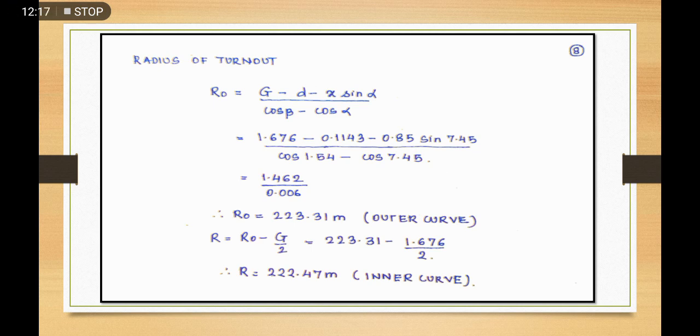Substituting all the values, we get r0 as 223.31 meters, that is the radius for the outer curve. From that value we can determine the radius of the central curve, that is r0 minus g by 2. Here it works out to be 222.47 meters, that is the radius for the central curve.